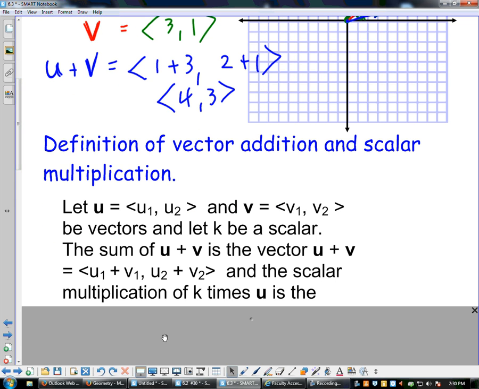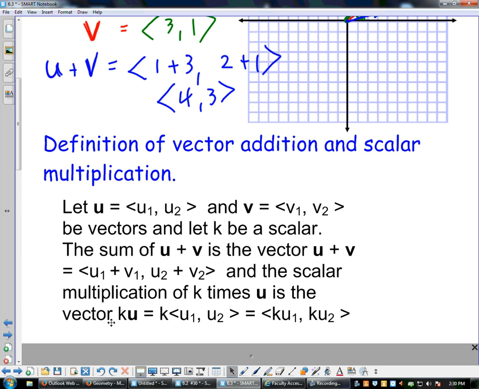The scalar multiplication k times vector u can be written with k outside the vector, or we can bring the scalar inside and multiply each component, so k times u equals k times u1 comma k times u2.